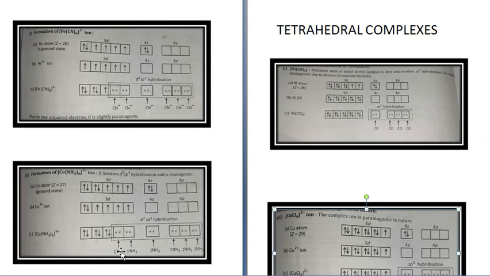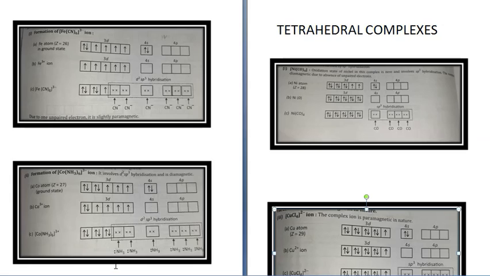Each will get a lone pair from NH₃, ammonia. Nitrogen has a lone pair, and they will form coordinate bond. So we will get a complex [Co(NH₃)₆]³⁺. Now there is no unpaired electron in this complex, so this complex will be paramagnetic.